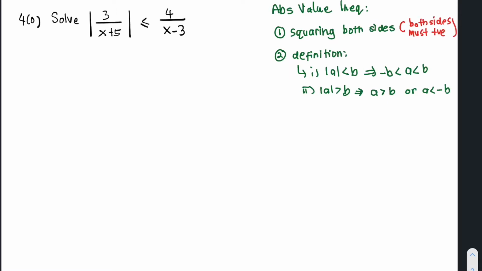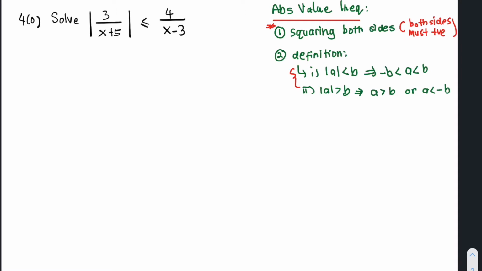If you don't know whether one of the sides is positive or not, then you cannot use squaring both sides. That is the one thing you have to check. But the definition for sure doesn't matter whether one side is positive or negative; if you have an absolute value, you can use the definition.